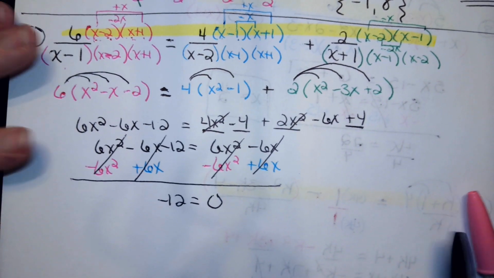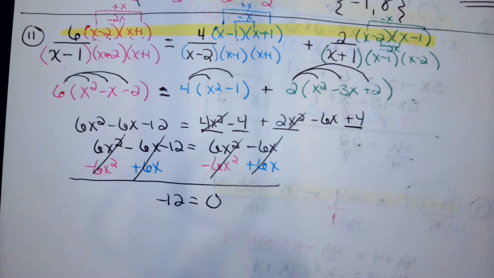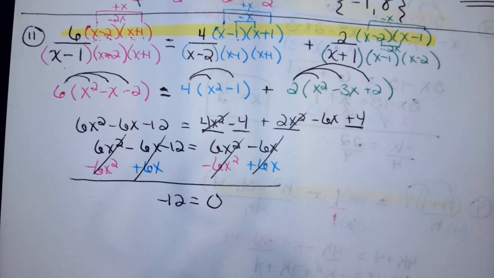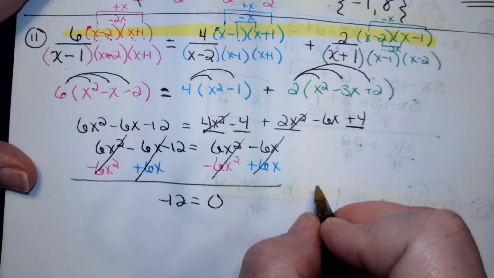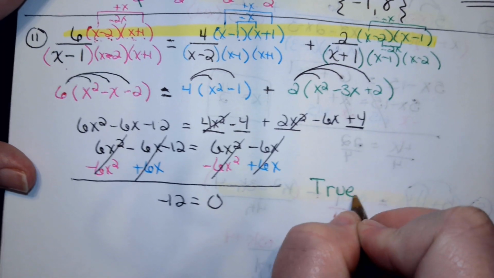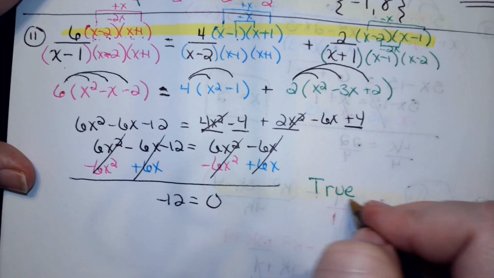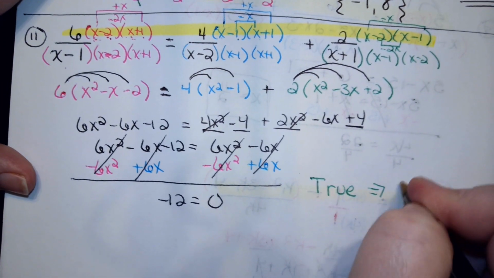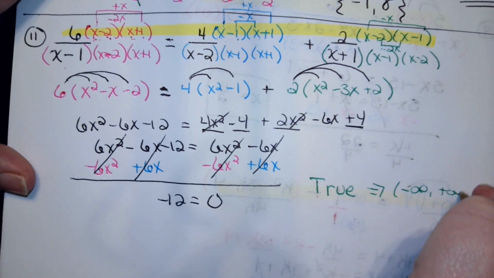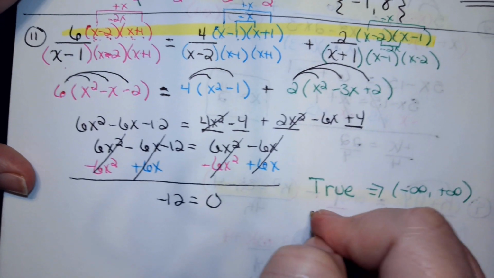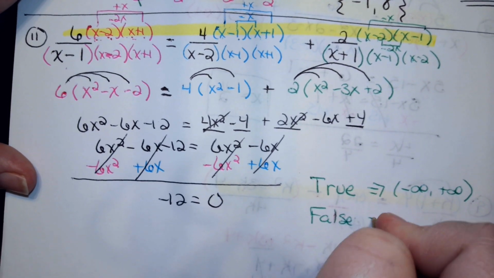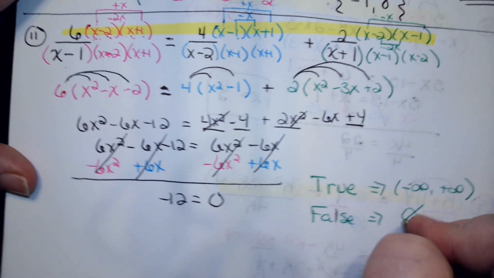When you have a scenario where the equation ends up with no variables, you've got a possibility of two different answers. If it's a true statement, your answer is going to be all real numbers. If it's a false statement, your answer is going to be no solution.